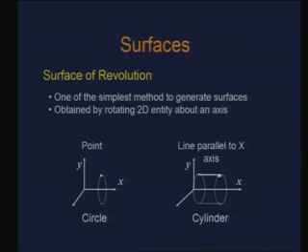So, what do we have? It is one of the simplest ways to generate surfaces, right. We have a two dimensional primitive or an entity defined, which you rotate about an axis. Okay.